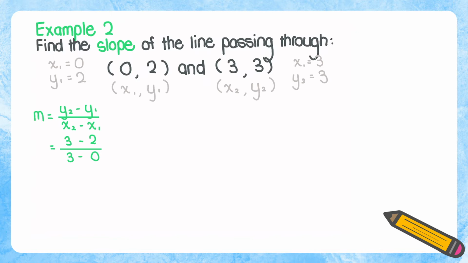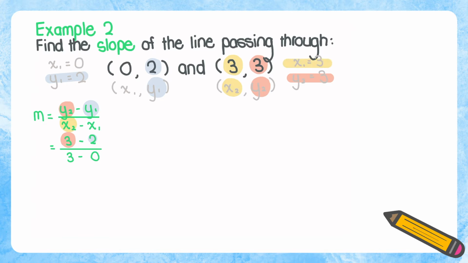equals 0. So y sub 2 is the y value of our second coordinate, which in this case is 3. And then y sub 1 is the y value of our first point, which in this case is 2. And that's why we replaced y sub 1 with 2. x sub 2 is the x value of our second point, which in this case was 3.